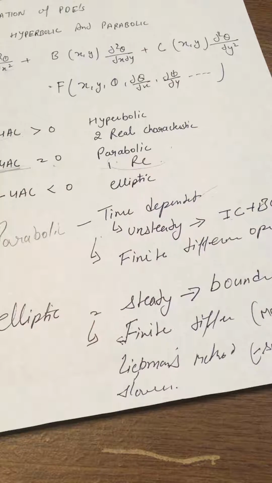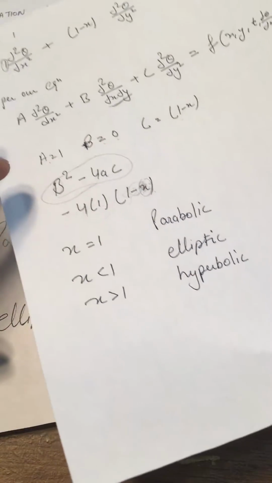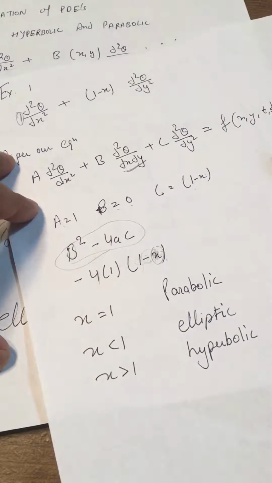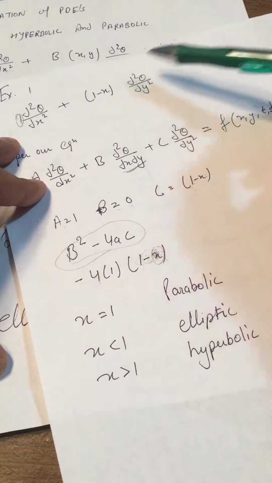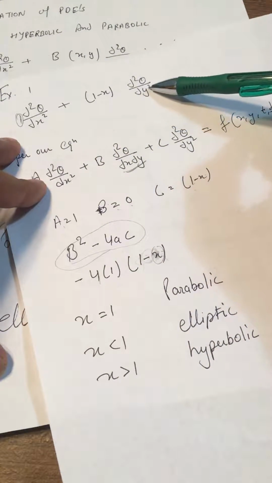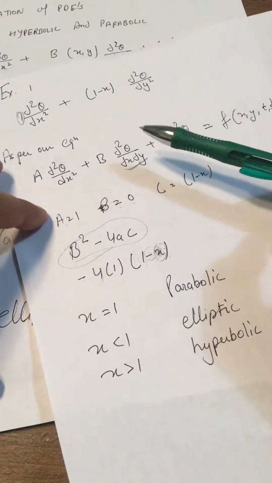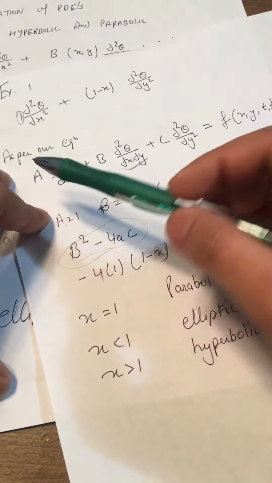So let's take an example to classify these equations. So there's the equation d square phi by dx square plus 1 minus x d square phi by dy square, and this is our equation.